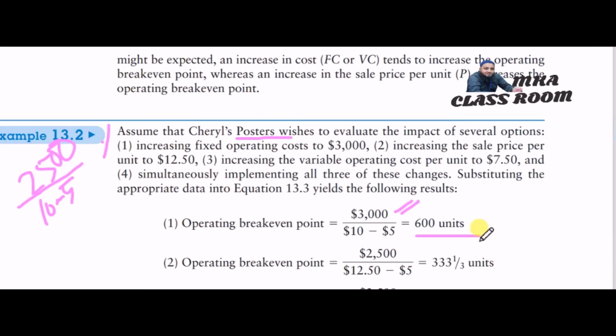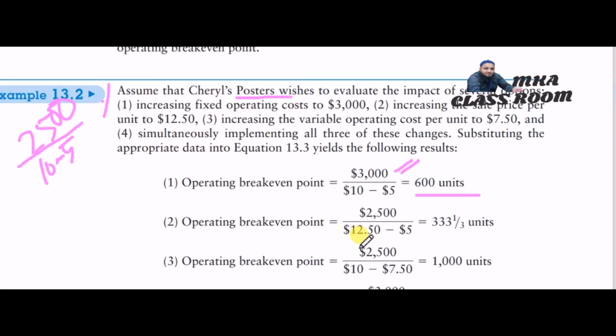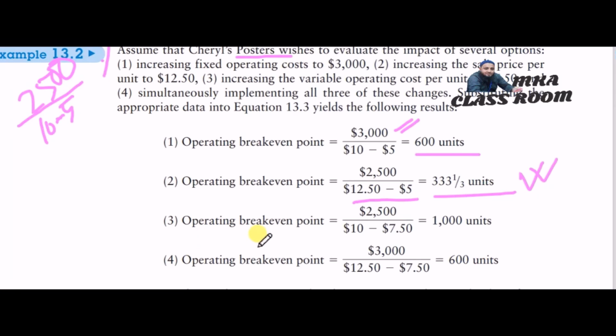On the other hand, if the selling price increases, the break-even point decreases to 333.33 units. That means if this firm sells 333.33 units, it reaches its break-even point.